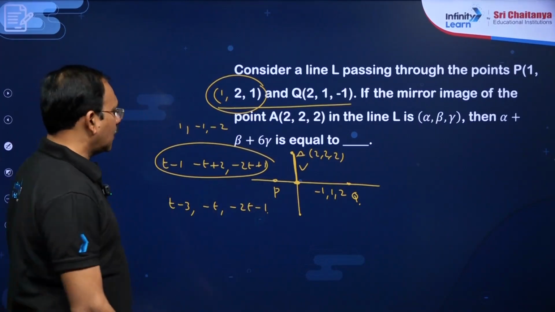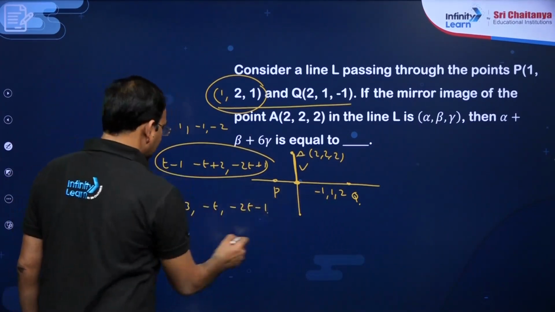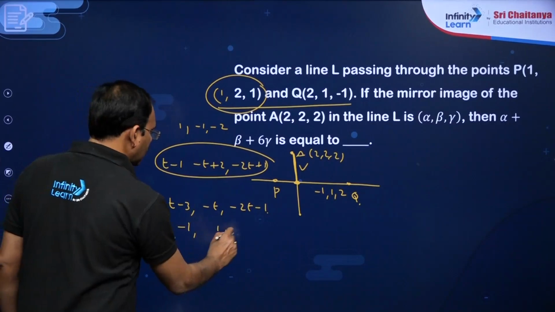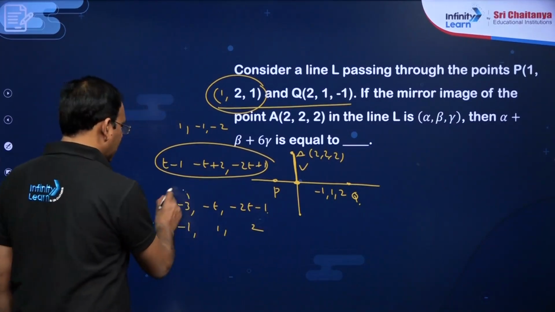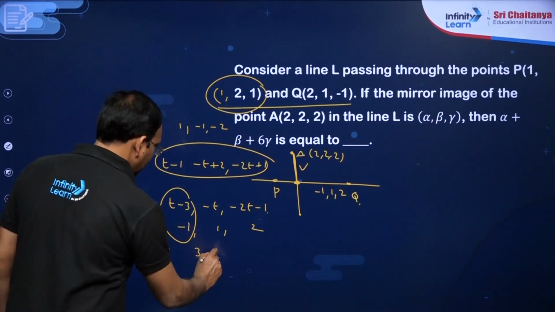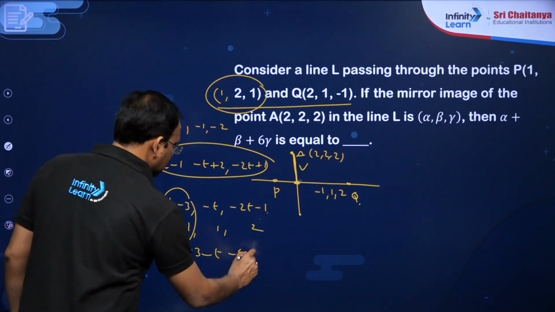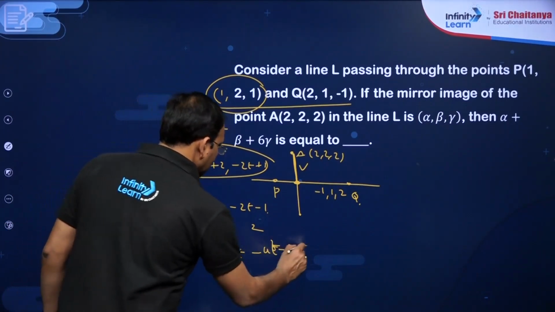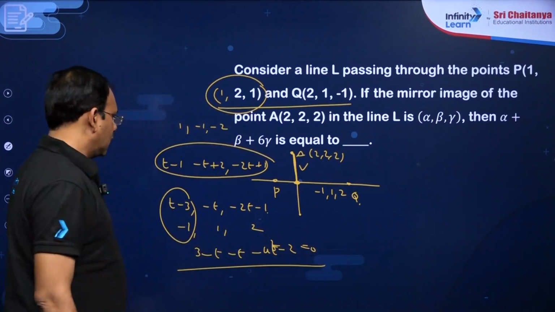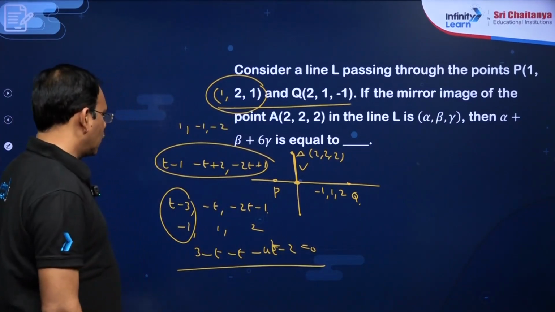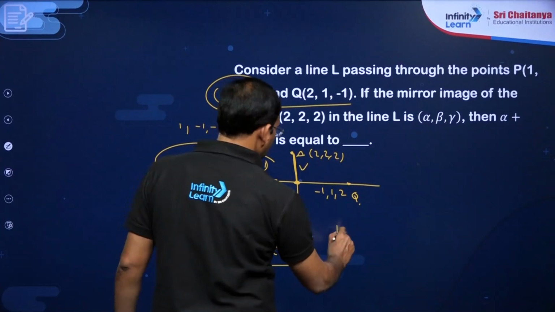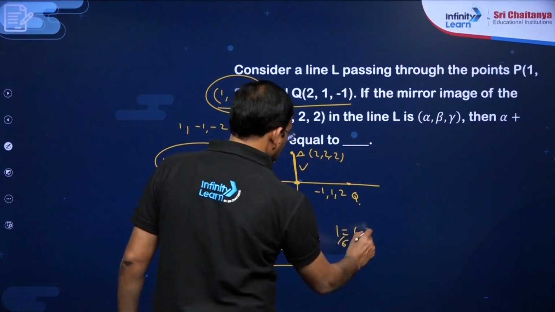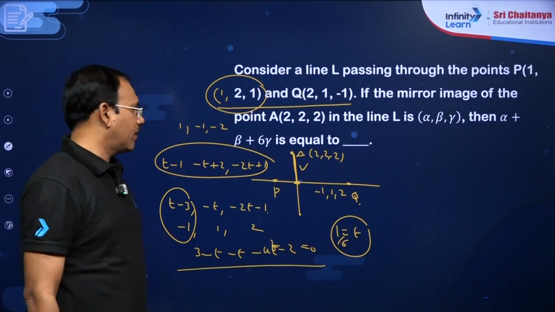These are the drs of this. Now, drs of the line are minus 1, 1, 2. You just apply the perpendicular condition. This becomes 3 minus t, this is minus t, this is minus 4t minus 2. This must be 0, my dear friends. So 6t is going to be 1. So t is equal to 1 by 6. The t value is 1 by 6.